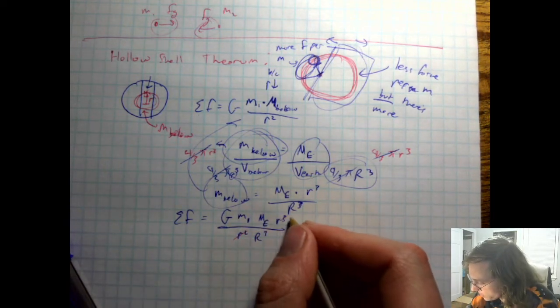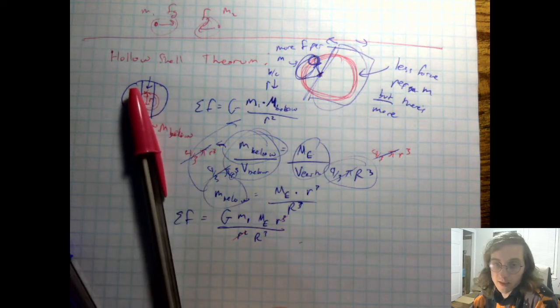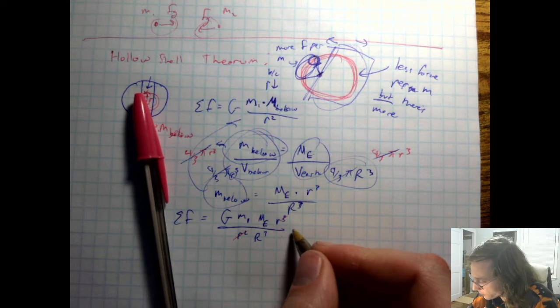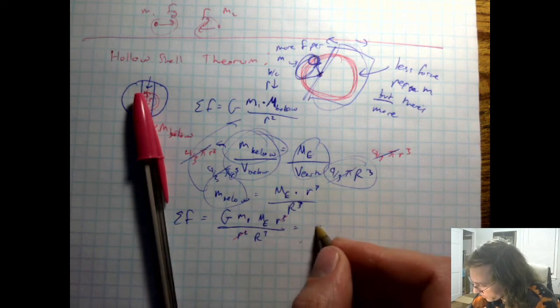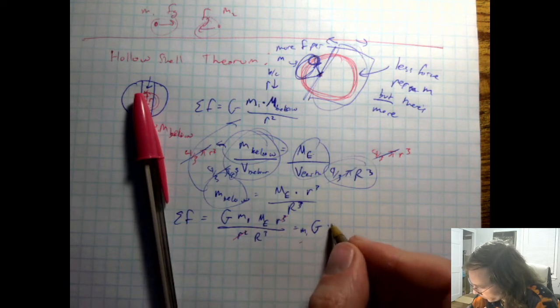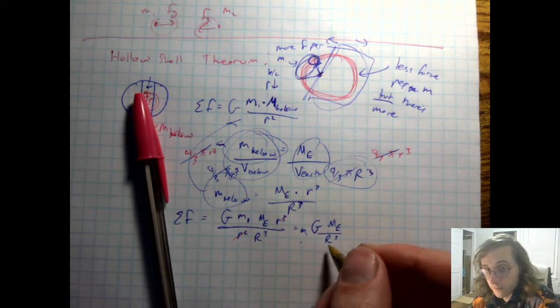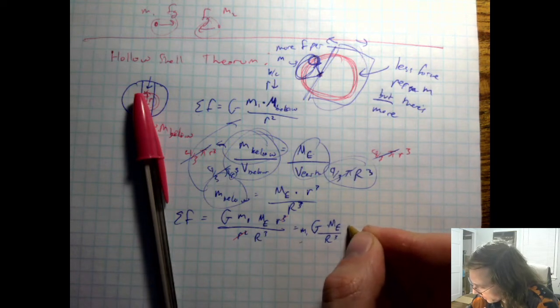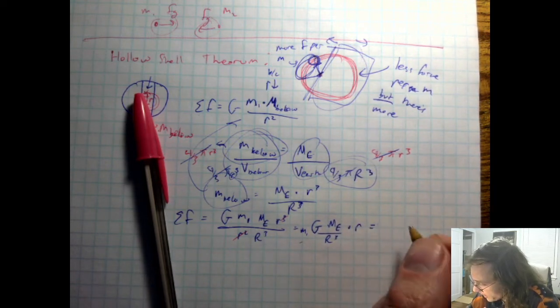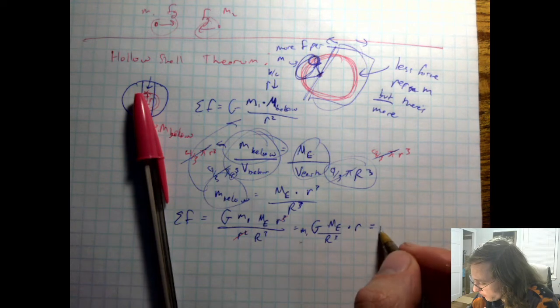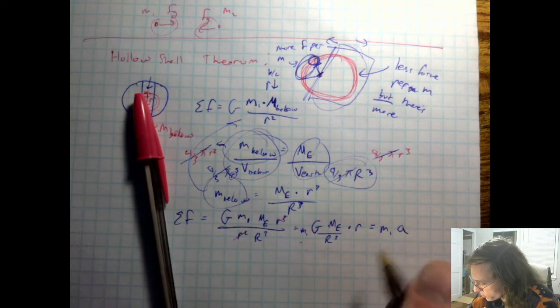Now, these two wind up canceling out to some extent. We've got r to the third divided by lowercase r squared. And so that simplifies a little bit to G, I'm going to actually write it as m1 G, mass of the Earth divided by the radius of the Earth to the third times r. And that will equal our mass times our acceleration.